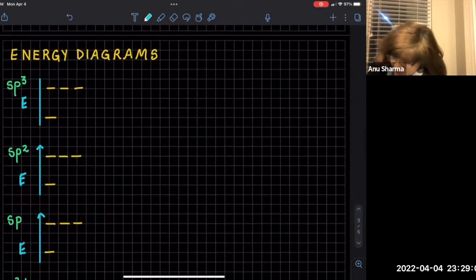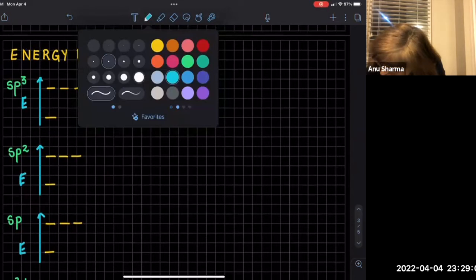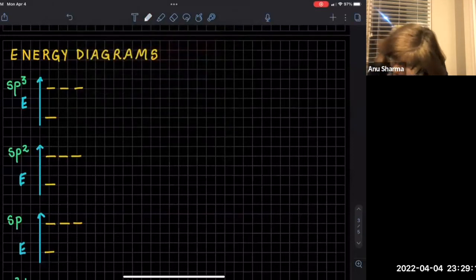So here, sp3. This is the S and these are the P's.